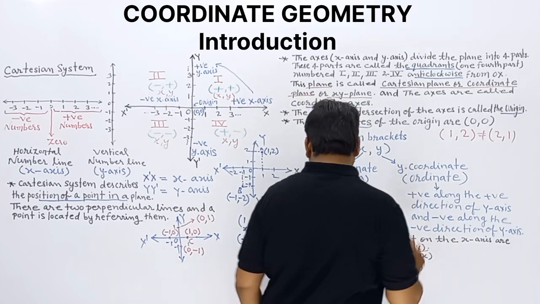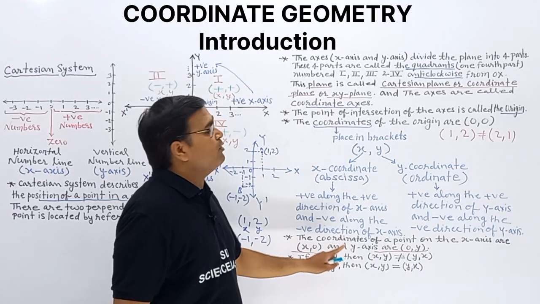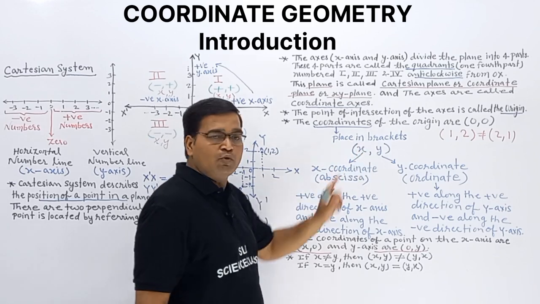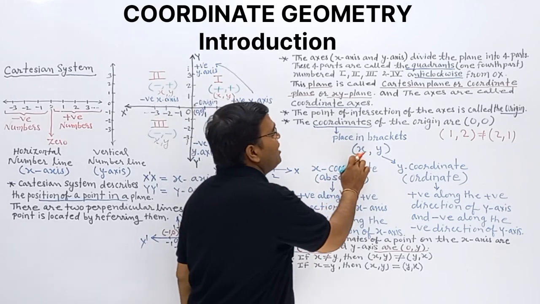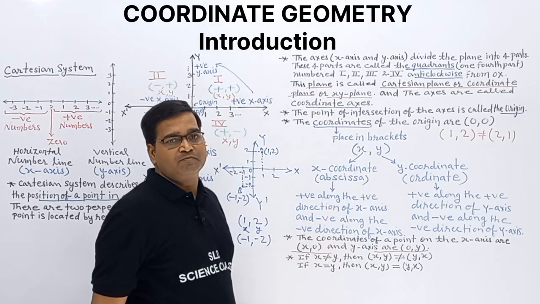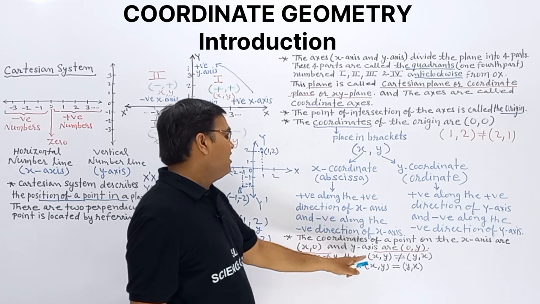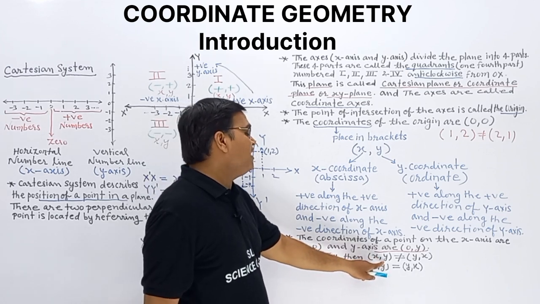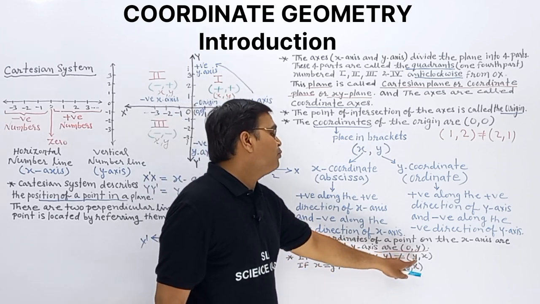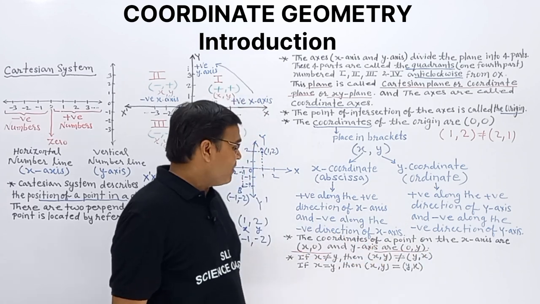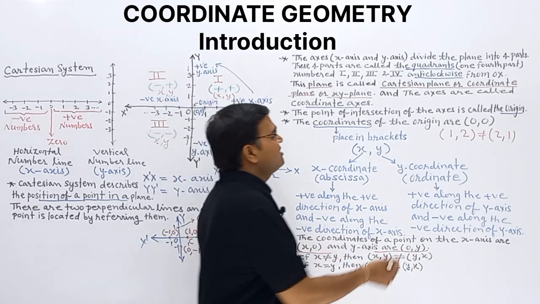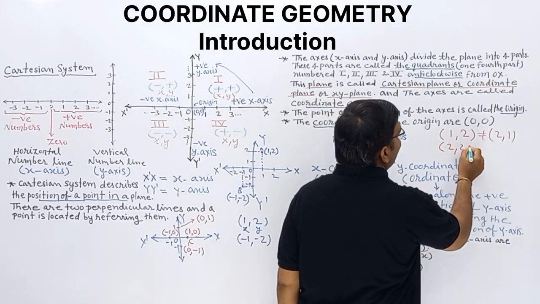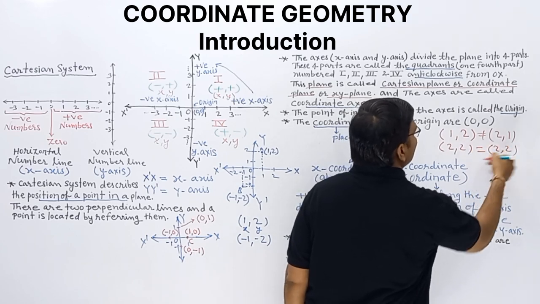If x is not equal to y, we are having x and y two coordinates. If x and y are not equal, then we cannot say the coordinate (x, y) will be equal to (y, x), but if both are equal, like this, if we are having (2, 2), then we can say (2, 2) is the same.